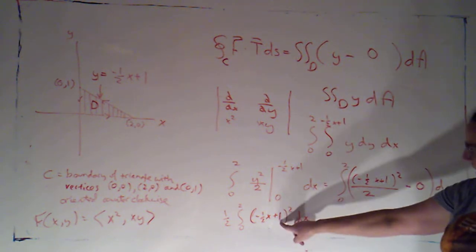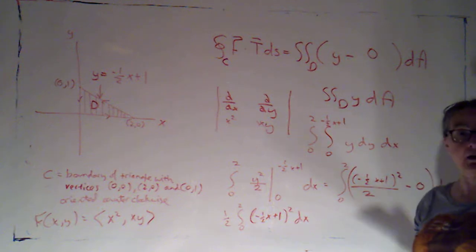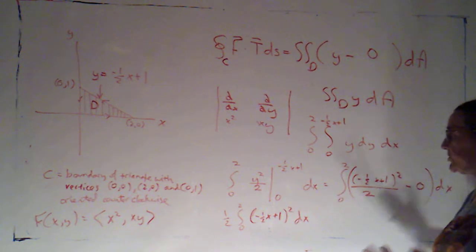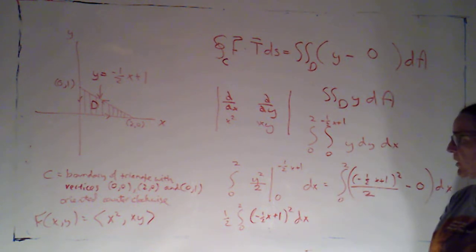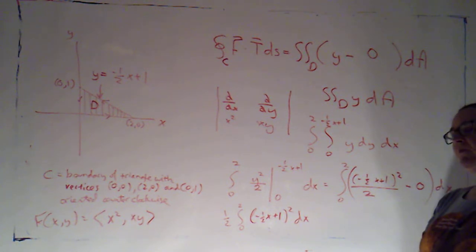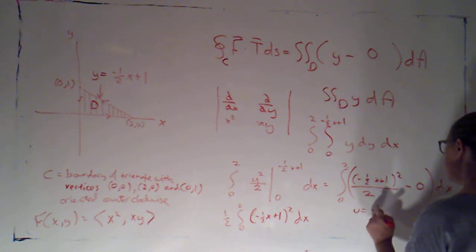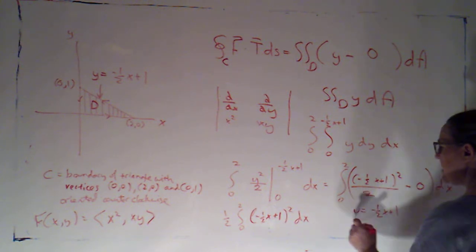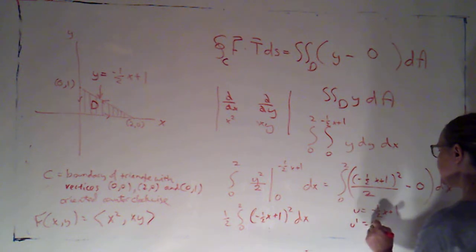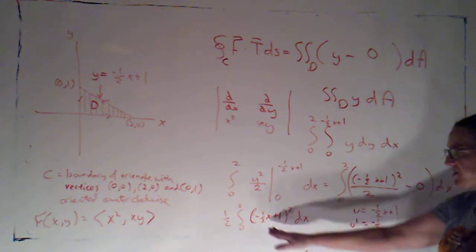Now I could, at this point, FOIL that out. I could do the arithmetic and multiply out (-1/2 x plus 1) times (-1/2 x plus 1). If I'm feeling a little tired, though, I could notice that if I just did a u-sub, my u prime is just -1/2. It's just a constant.